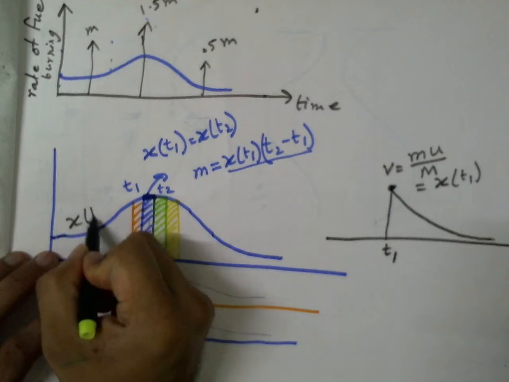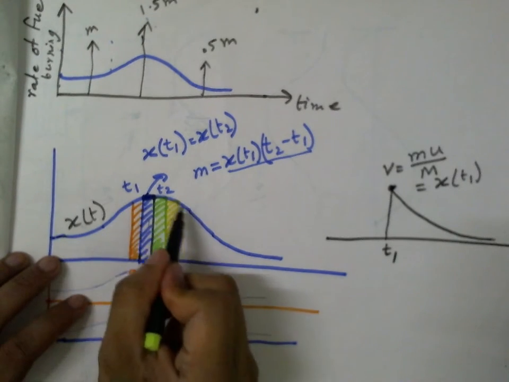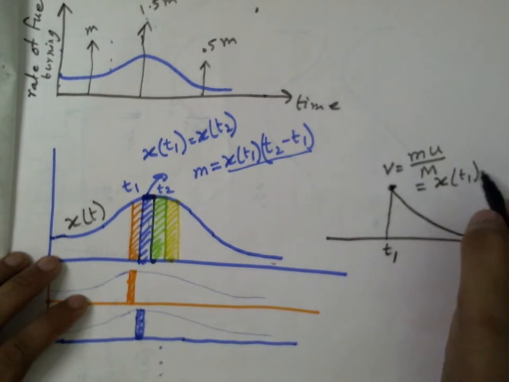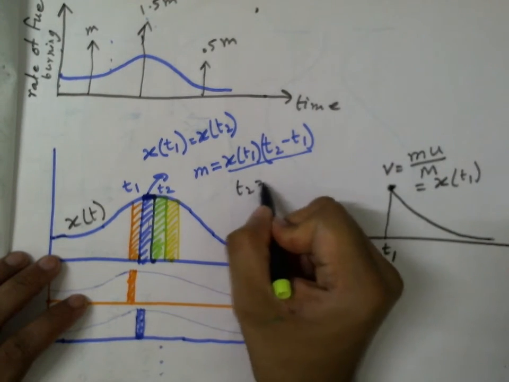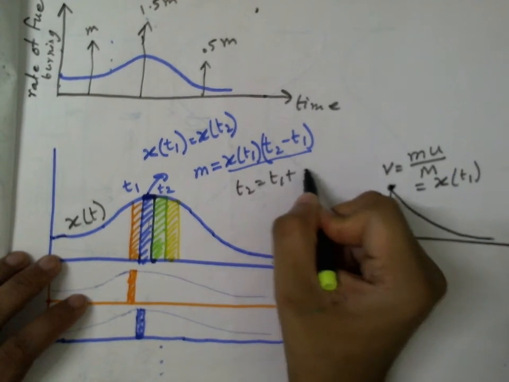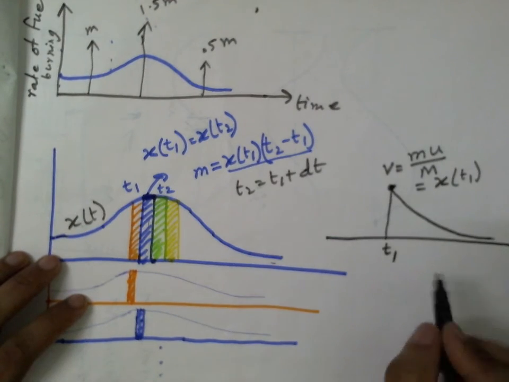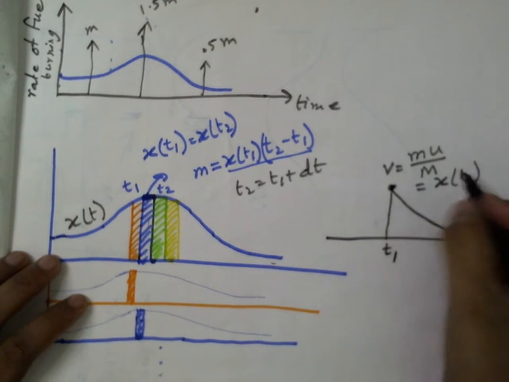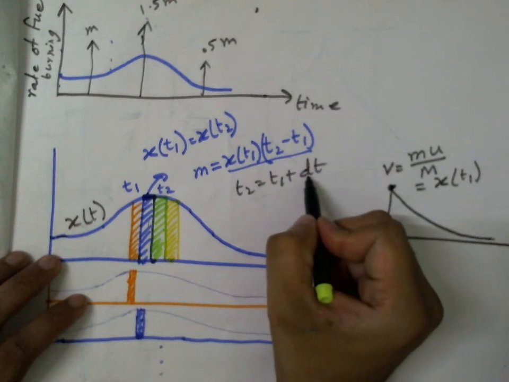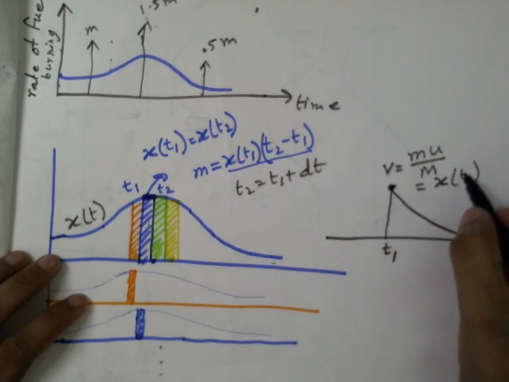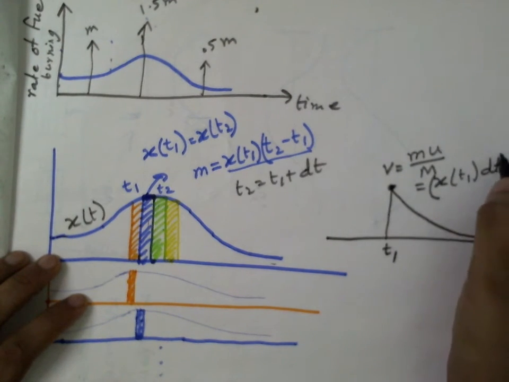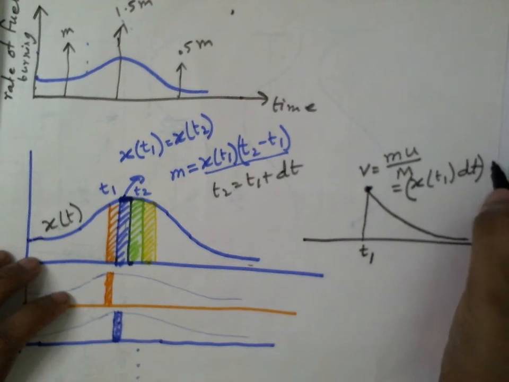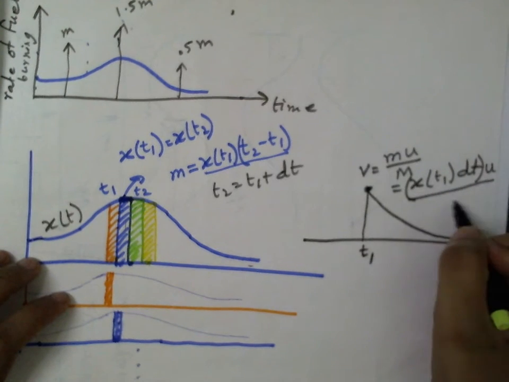This is x(t). If T2 is equal to T1 plus some delta t or dt, then T2 minus T1 is dt, so x(T1) times dt is equal to m. So this is m, multiplied by u divided by M.